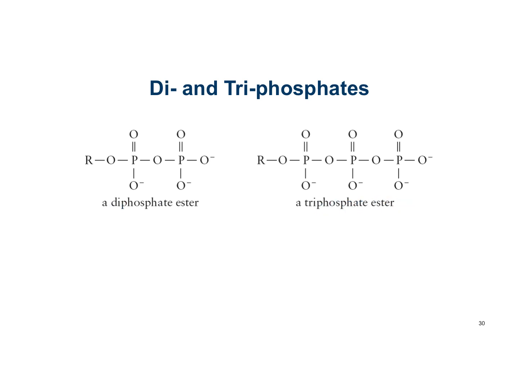And a di here means you're going to have 2 phosphate groups that are linked together, and the tri here means you're going to have 3 phosphate groups that are linked together. Adenosine diphosphate (ADP) and adenosine triphosphate (ATP) are 2 phosphoric anhydrides that are super important. And in this case, the R here is the adenosine.